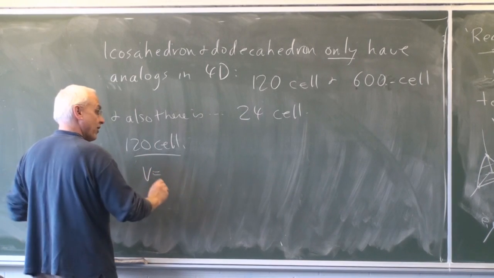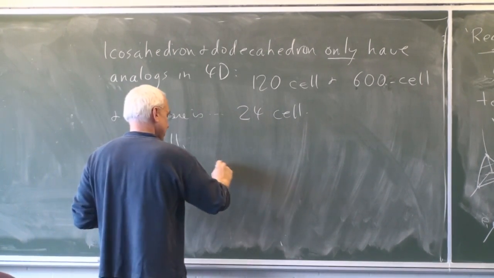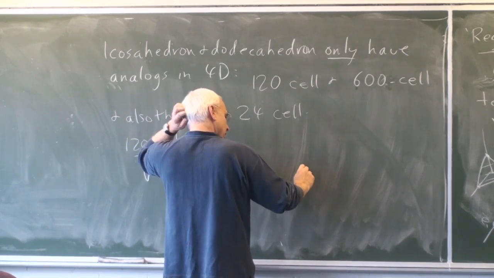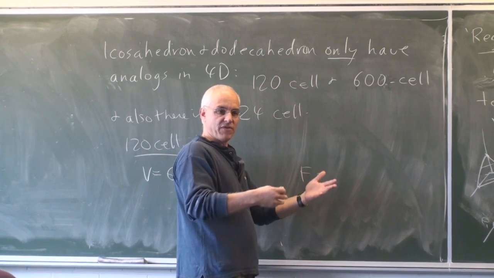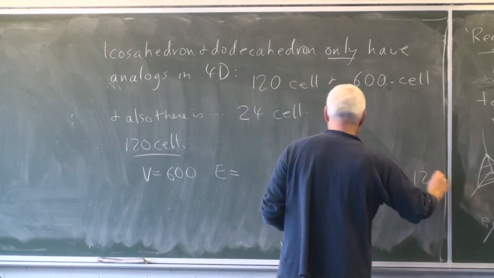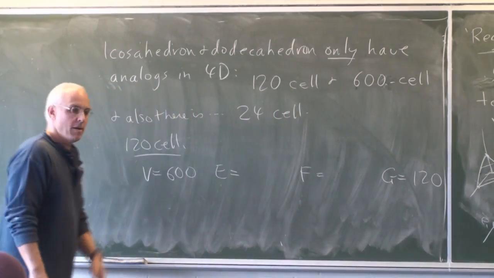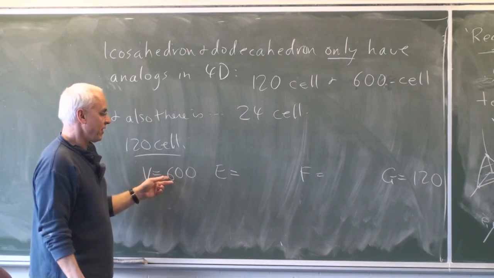The number of vertices is 600. Edges, let me leave that out. Faces, okay, there's 2-dimensional faces and 3-dimensional faces. The number of 3-dimensional faces, I've said, is 120. Okay, one of these, we can figure this out. Let's see.